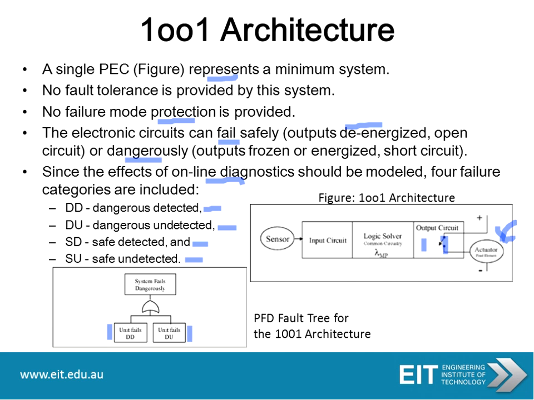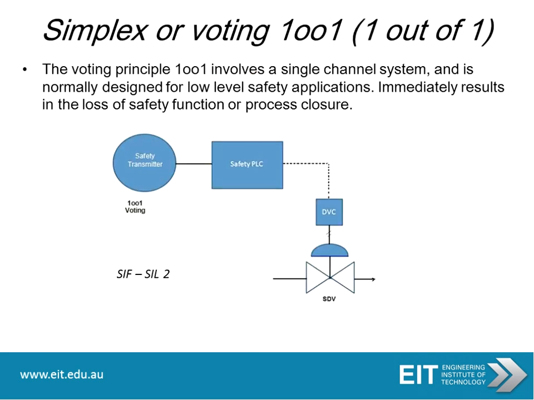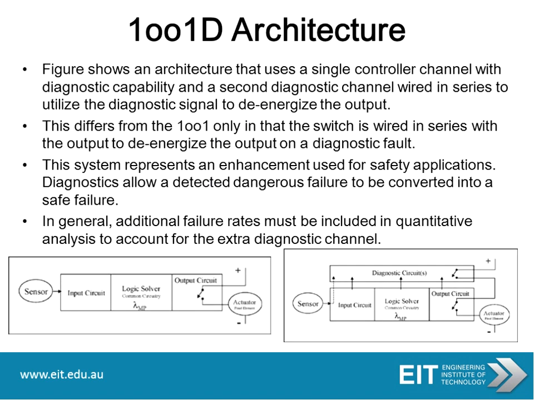So it depends if it's short circuit or open circuit, but that's how it can fail. So, it can be safe or it can be unsafe. Now, the voting principle of 1oo1 involves a single channel system, and it's normally designed for low-level safety applications. A failure immediately results in the loss of the safety function or the process closure. So you've got your safety transmitter, your safety PLCs, and that's driving the valve control circuit at the end of the day.